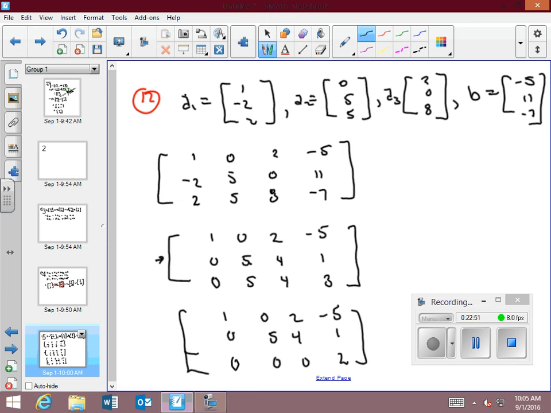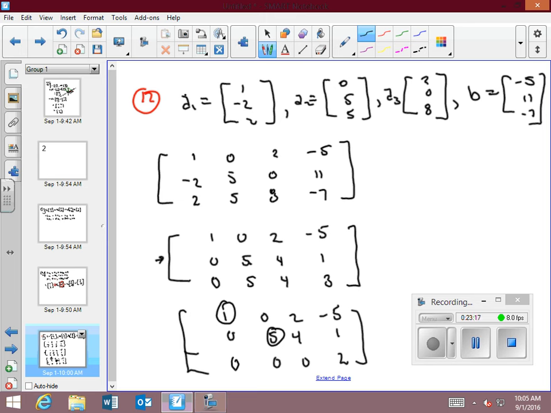So we have pivots. These are pivots. But what about that bottom row? It means there's no solution, right? And therefore, the statement that says determine if B is a linear combination of those three, it's not a linear combination, right?